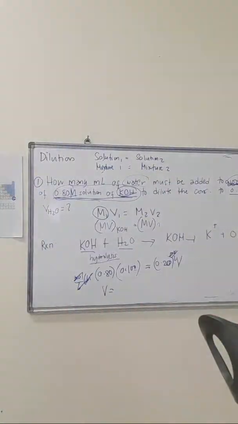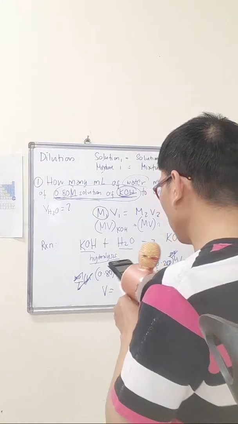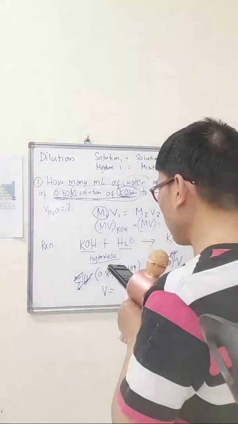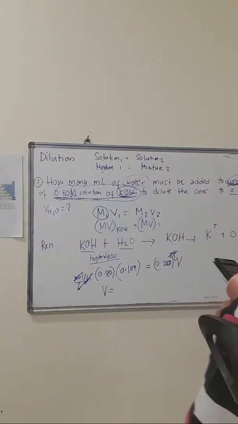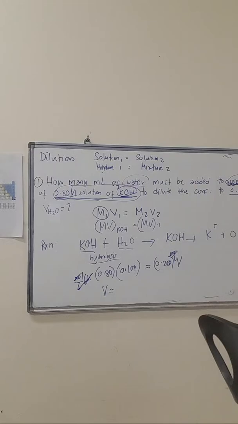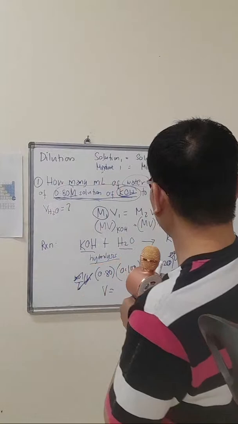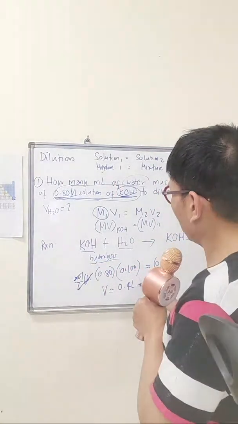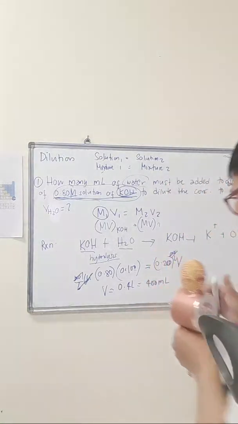Calculator. 0.80 times 0.100, right? Divided by 0.20 is equal to 0.4 liters or 400 milliliters, right?